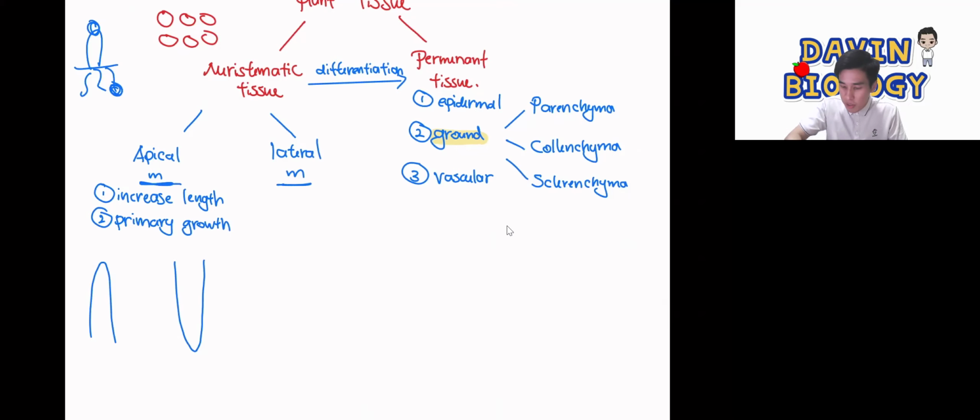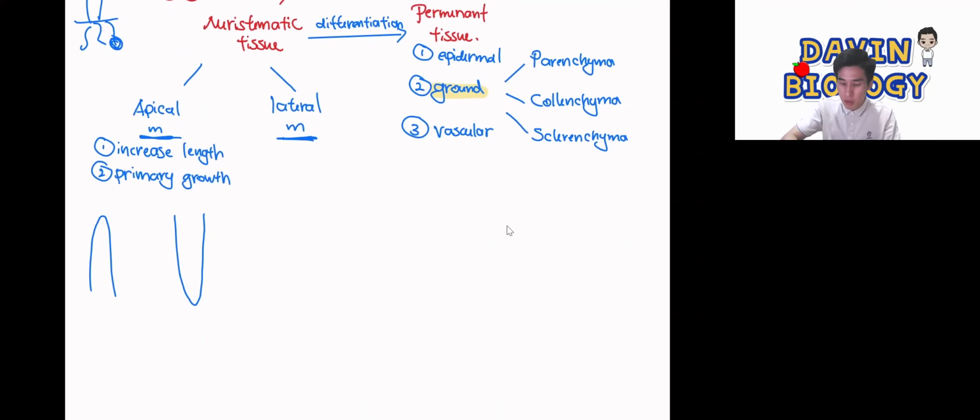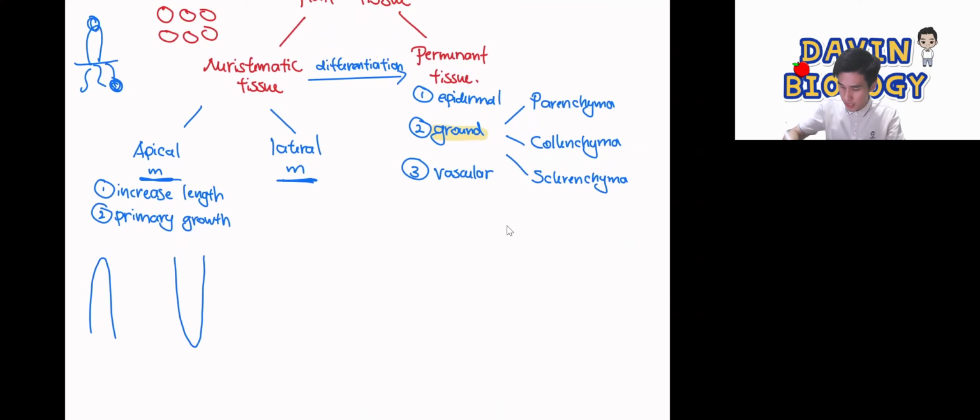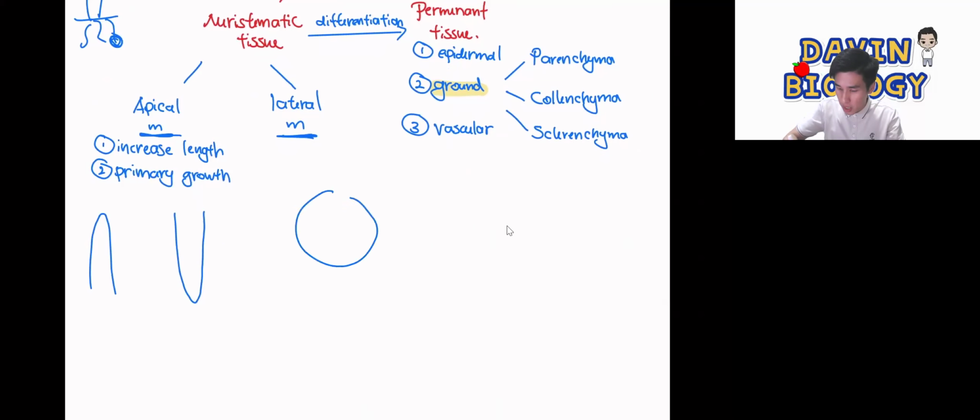Okay, lateral meristem. Now, where do we find lateral? Lateral means side, but not exactly the side. Meaning when you cut the stem cross-sectionally and you look from the top, let's say you have a stem here, you cut it, you look from the top. So this is the cross-section of the stem. Lateral meristem is basically two rings.